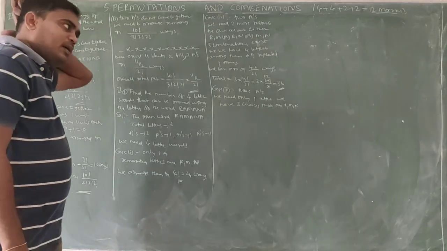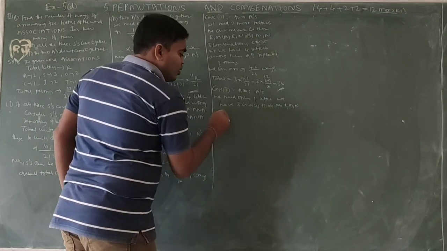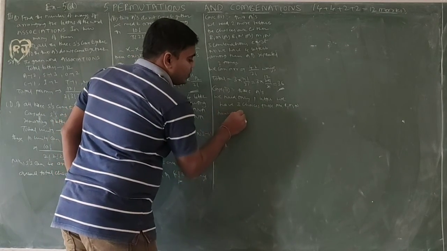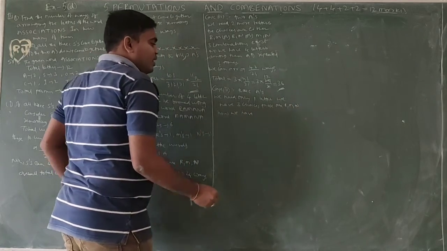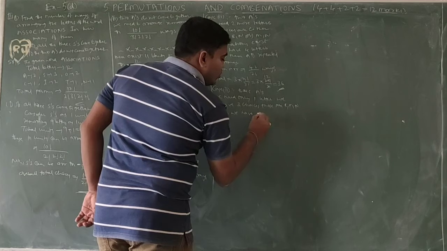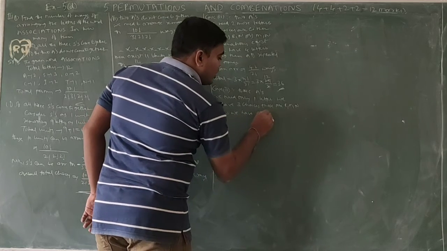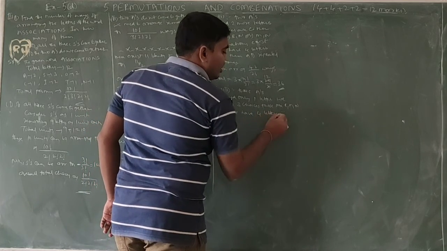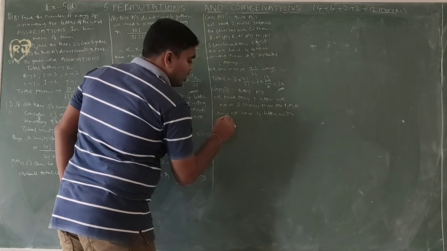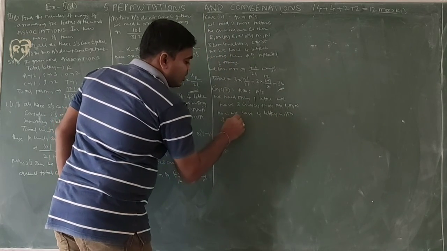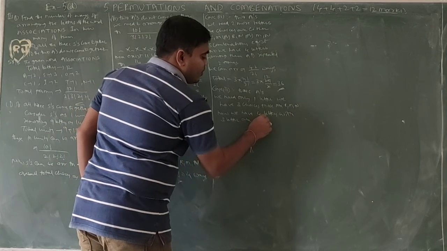After selecting one of the letters, we have 4 letters with 3 letters the same.